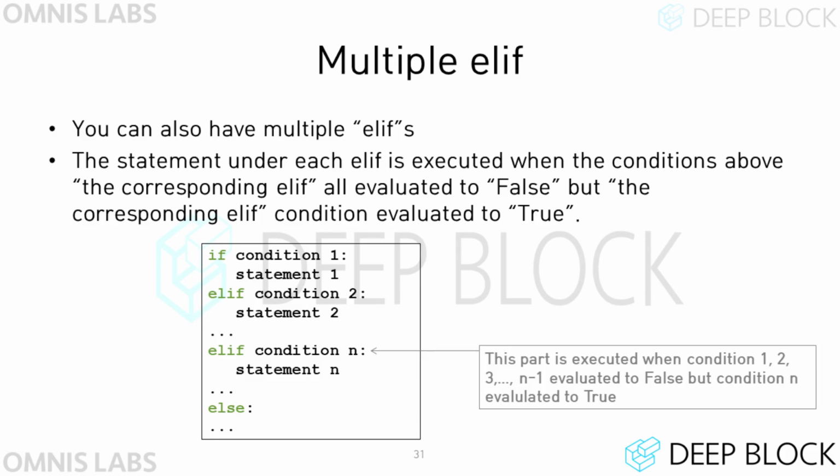Therefore, an elif statement is executed only when all the preceding conditions are false and the condition of the corresponding elif is true. For example, statement n in the slide is executed only if condition n is true and condition 1 through condition n-1 are all false.